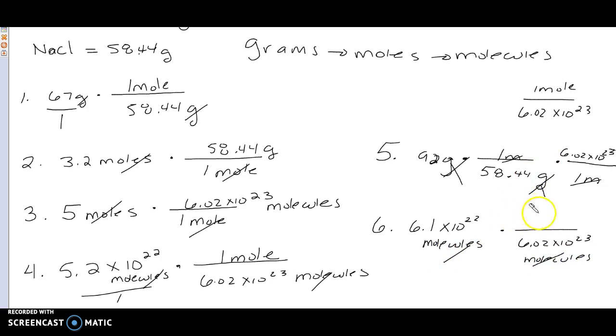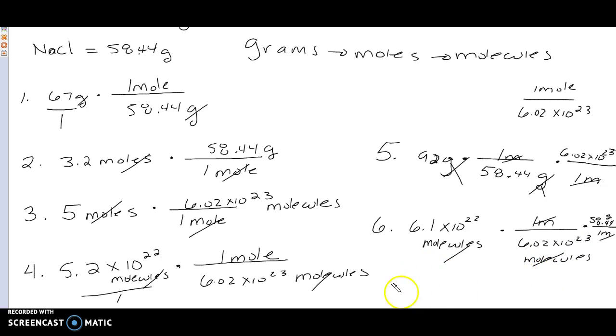And then I can put up here 1 mole. And then the next one, I'm running out of room here. I'm going to use the same relationship that 1 mole of sodium chloride is 58.44 grams. And that gets rid of moles, and I end up in grams. So 6.1 times 10 to the 22nd times 1 divided by 6.02 times 10 to the 23 times 58.44 grams.